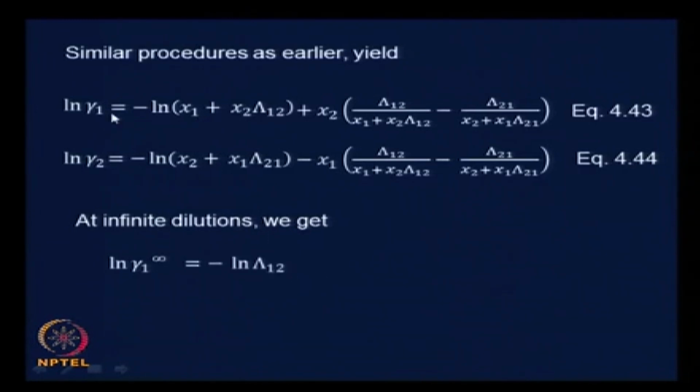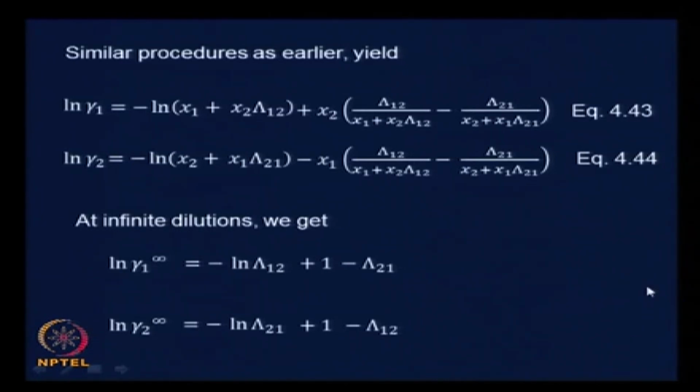Therefore, we will get minus ln of gamma 12, I think it is the other way around, plus 1 minus gamma 21, and ln gamma 2 infinity equals minus ln of gamma 21 plus 1 minus gamma 12. Okay. Just by substituting one or the other, x1 tends to 1 and x2 tends to 0, or x2 tends to 1 and x1 tends to 0.